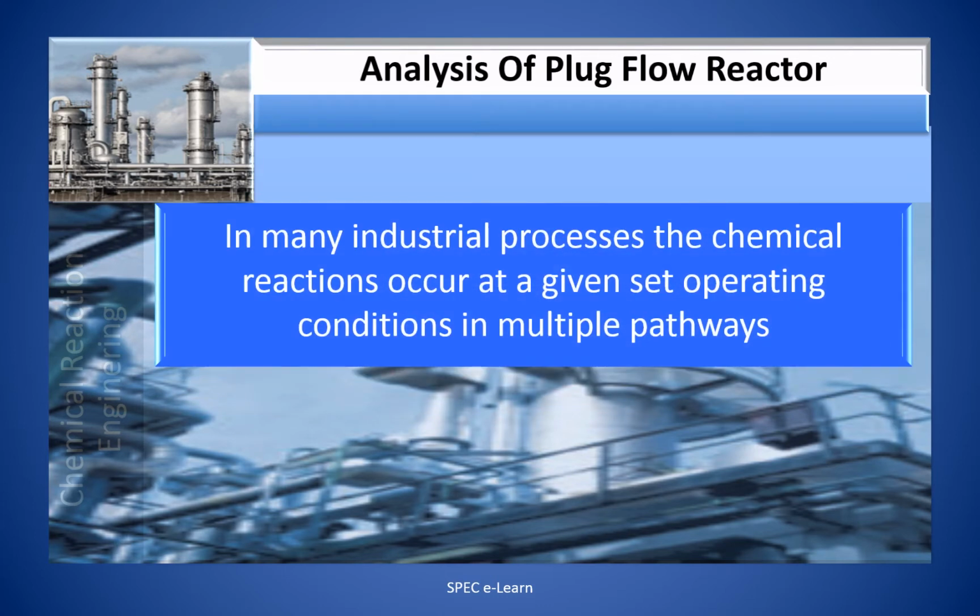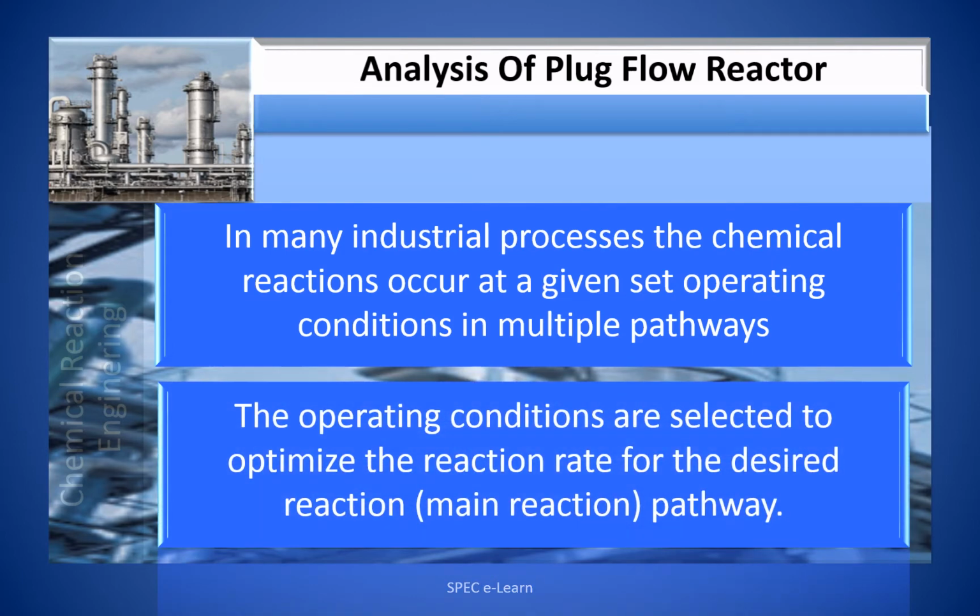In many industrial processes, the chemical reactions occur at a given set of operating conditions in multiple pathways. The operating conditions are selected to optimize the reaction rate for the desired reaction pathway, which is the main reaction pathway.